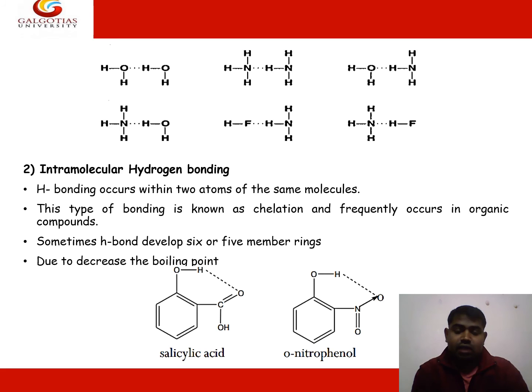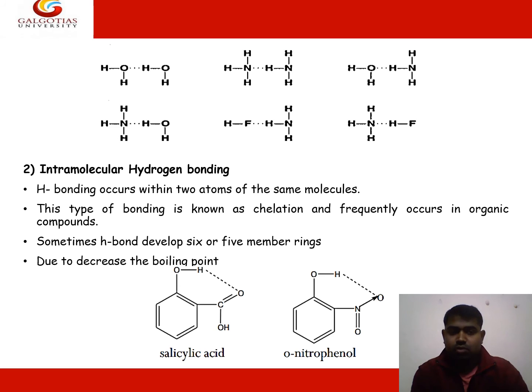Salicylic acid has a hydrogen bond between an oxygen atom and a hydrogen atom of the same molecule, indicated by a dotted line. Similarly, nitrophenol is another compound having a hydrogen bond within the same compound.